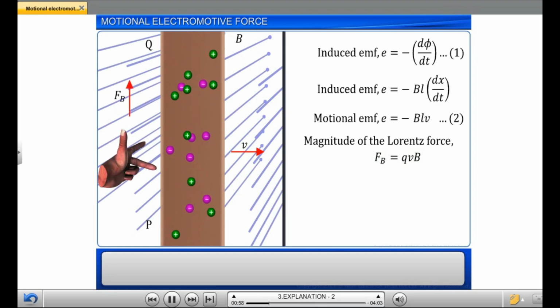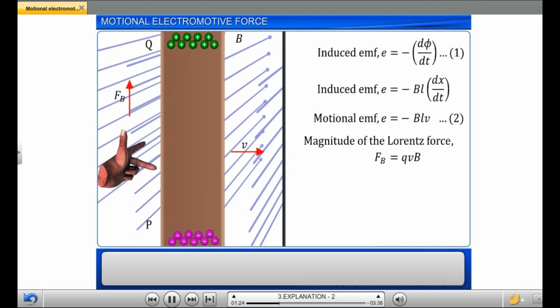In accordance with the same rule, the force on the electrons Fb will be directed along QP. And we see that the free electrons in the conductor move towards P. As a result of this movement, a negative charge builds up at P and a positive charge appears at Q.